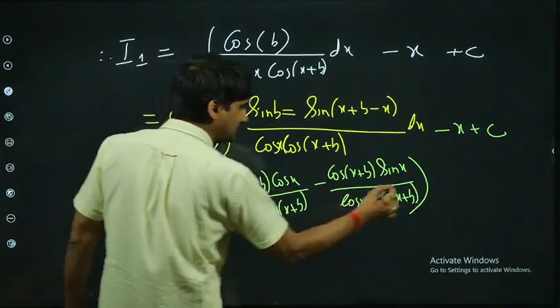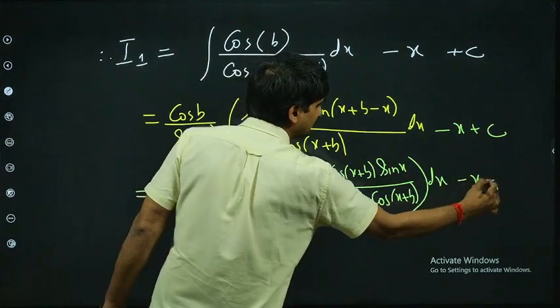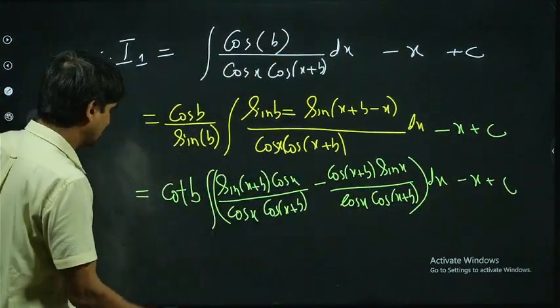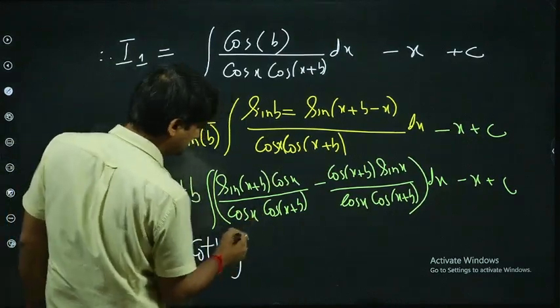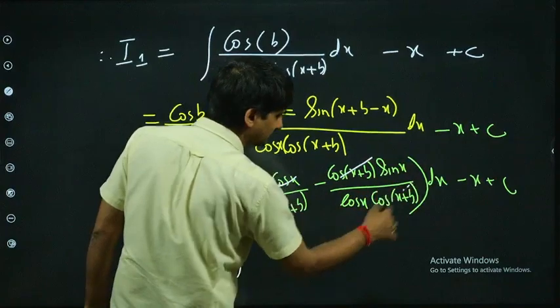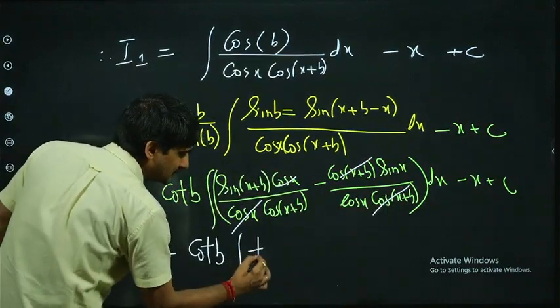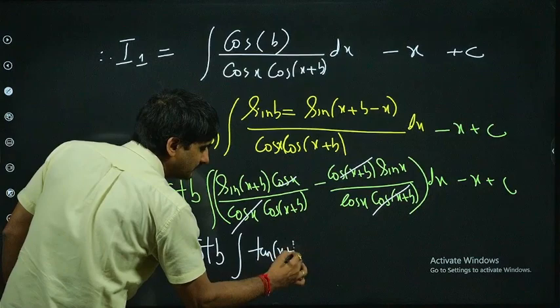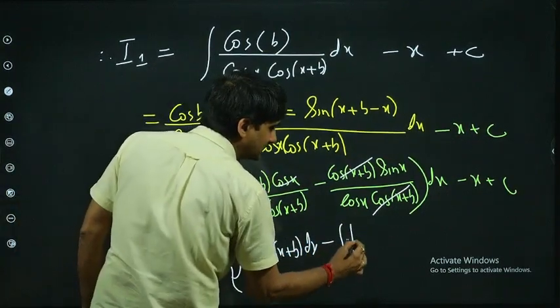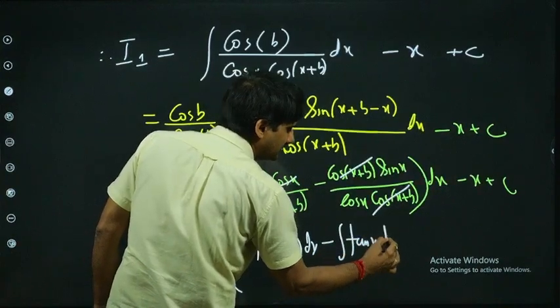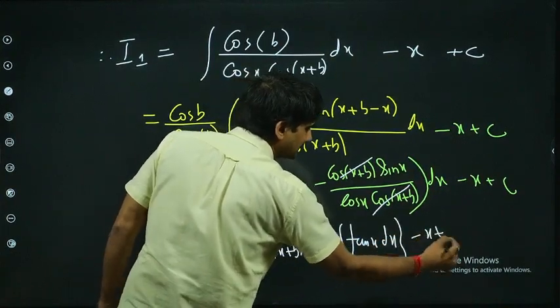Of course with an integral, and that's minus x plus c. So now it is nothing but cot b, and what gets cancelled here? Cos x plus b is this. So this is integral of tan of x plus b dx. So let us write it like this, minus integral of tan x dx and then minus x plus c.